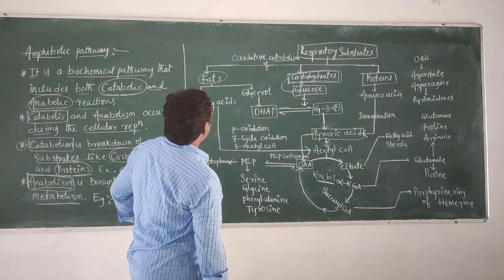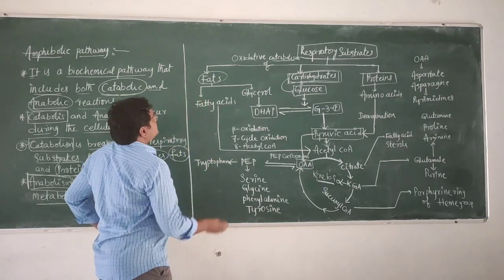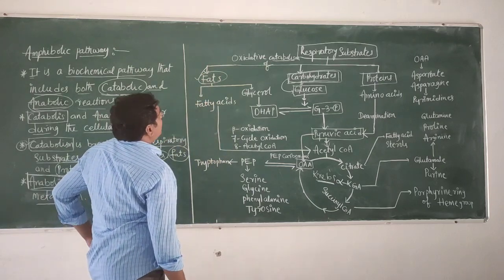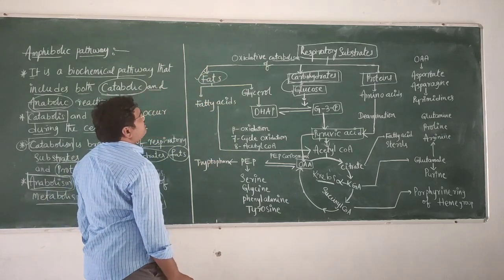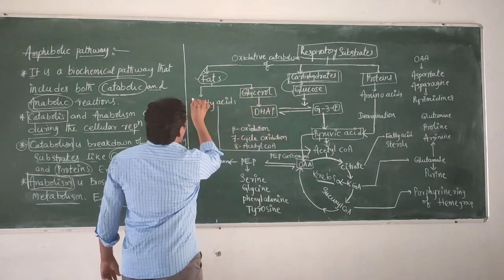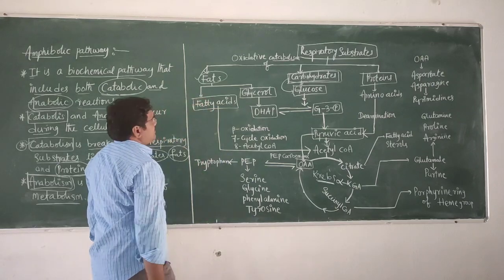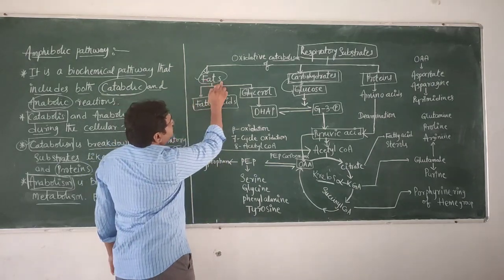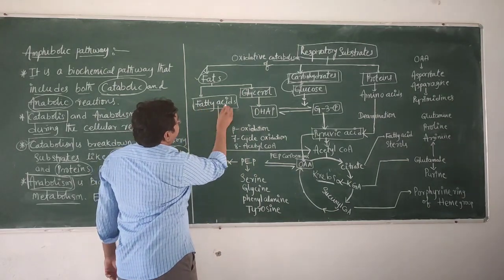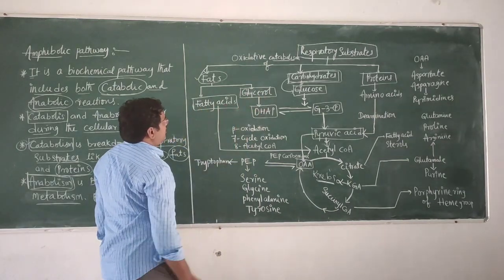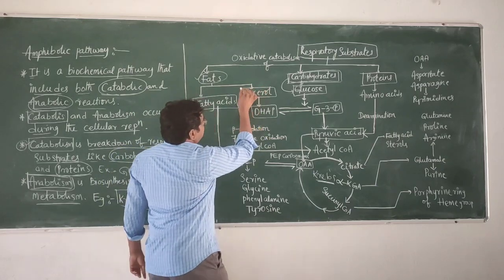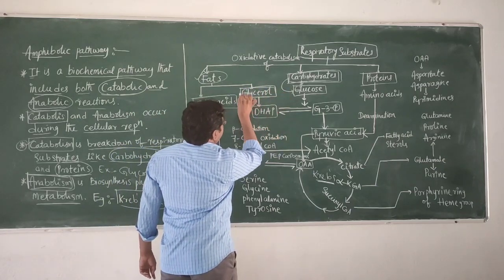Next, fats. In the oxidative catabolism of fats, they are converted into glycerol and fatty acids. The fats undergo oxidative decarboxylation to form fatty acids and glycerol.